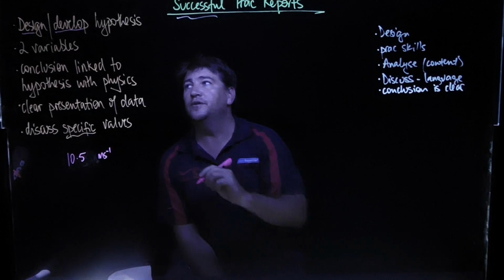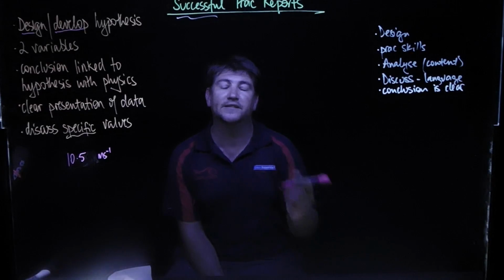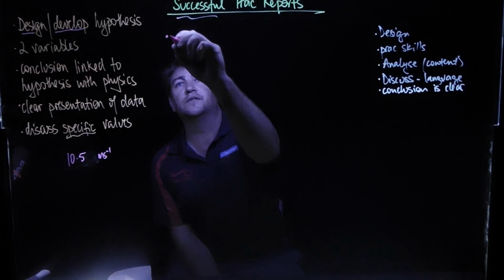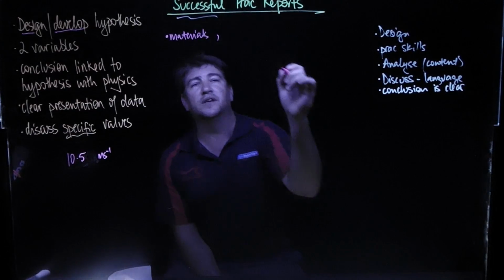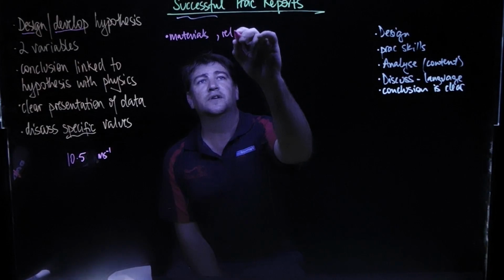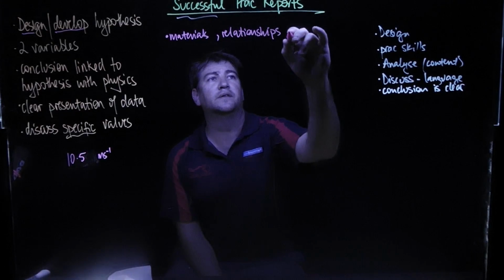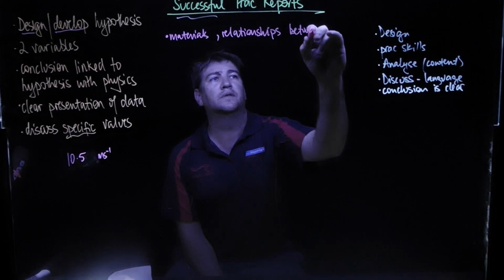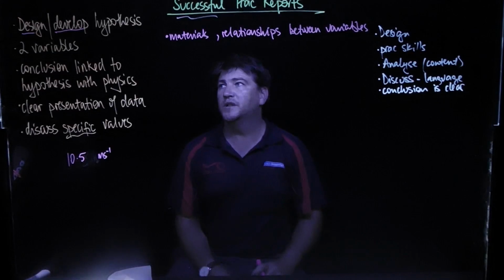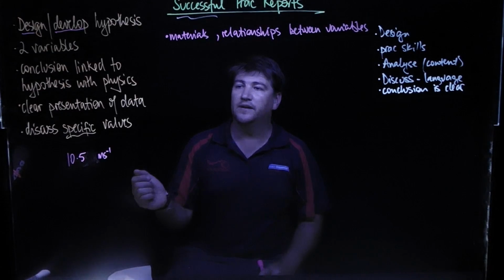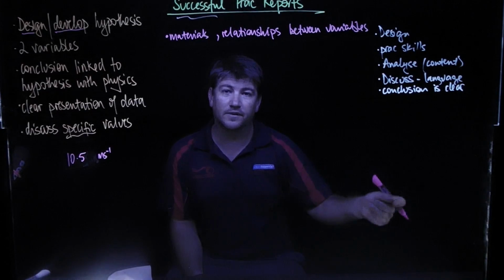So when you're developing your own hypothesis in order to construct your own investigation, what you're looking at is the materials that you've got, and you're looking at the relationships that you're investigating between variables, and you're trying to formulate something that will allow you to manipulate one piece of apparatus and produce a result at the other end.